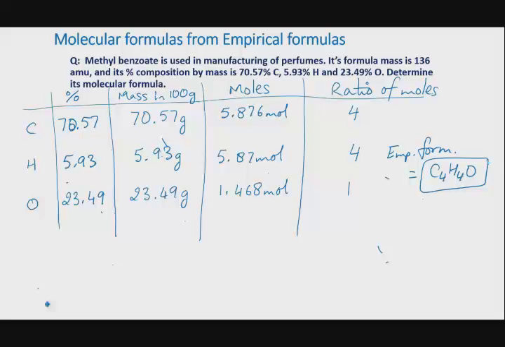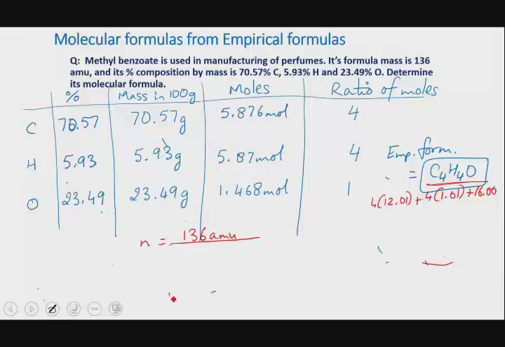From here, we can determine the value of N, which remember is a ratio of the formula mass that is given, 136 AMU, and the empirical formula mass that comes from the empirical formula. In this case, the empirical formula mass will be 4 times 12.01 plus 4 times 1.01 plus 16.00.